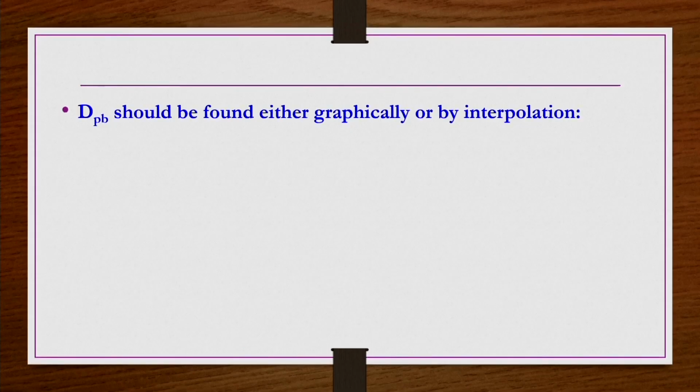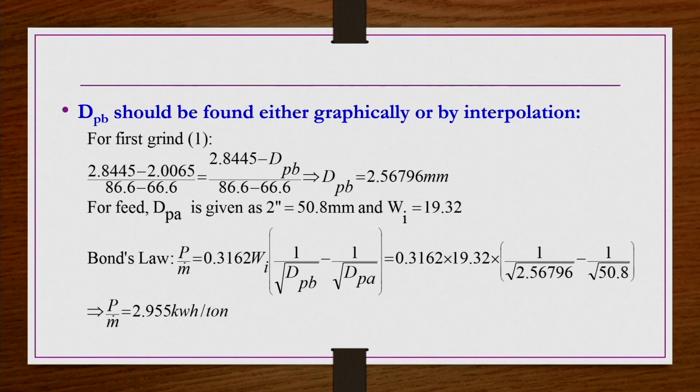DPB should be found either graphically or by interpolation. For the first grind, I am doing linear interpolation, assuming there is not much deviation. You will get DPB as 2.56796 mm, and DPA is given as 2 inches.